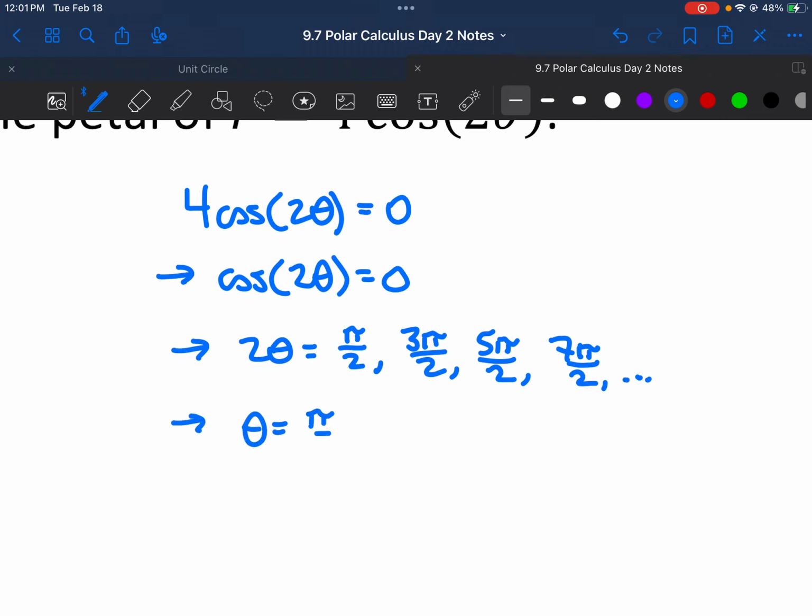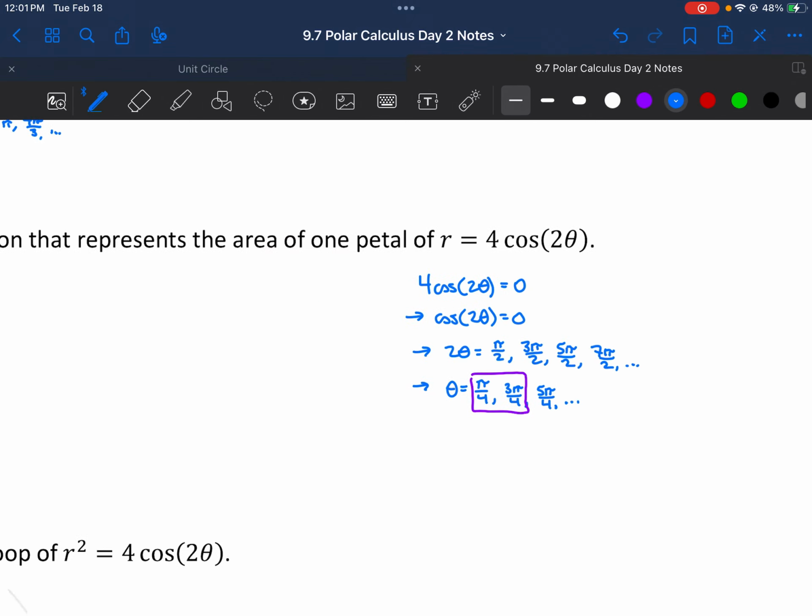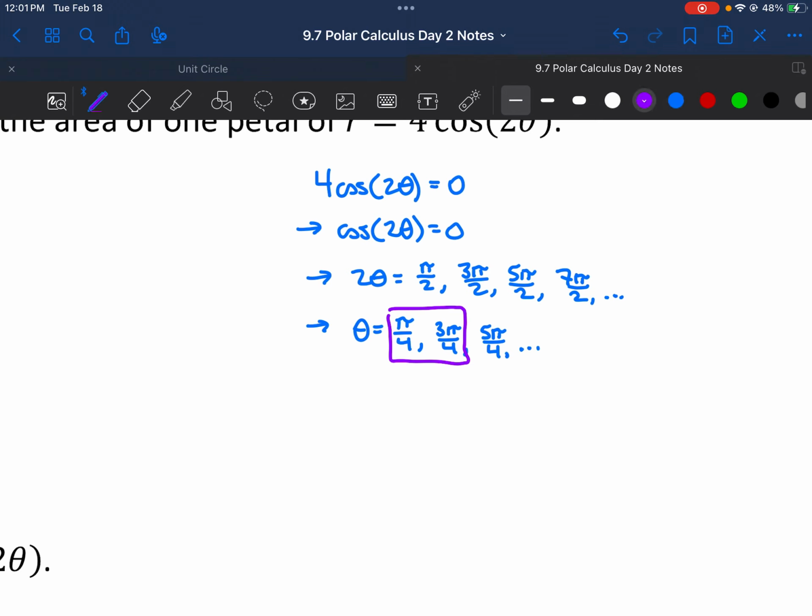We got pi over 4, 3 pi over 4, 5 pi over 4, and so on. And remember, we only need 2 of them that are next to each other, 2 sequential angles, to generate one petal. So I just usually take the first 2.